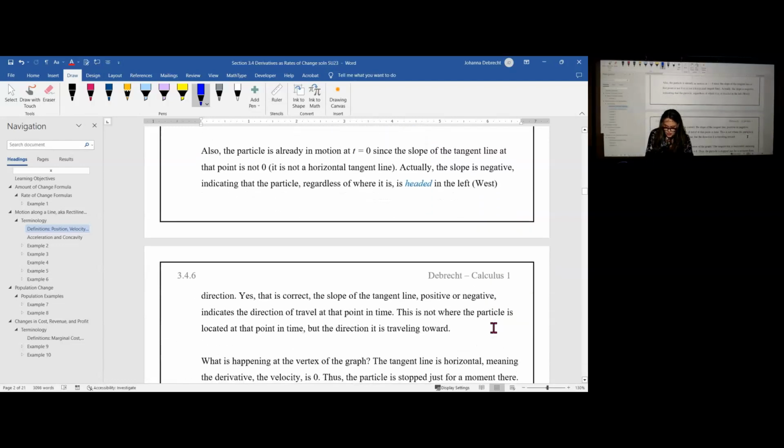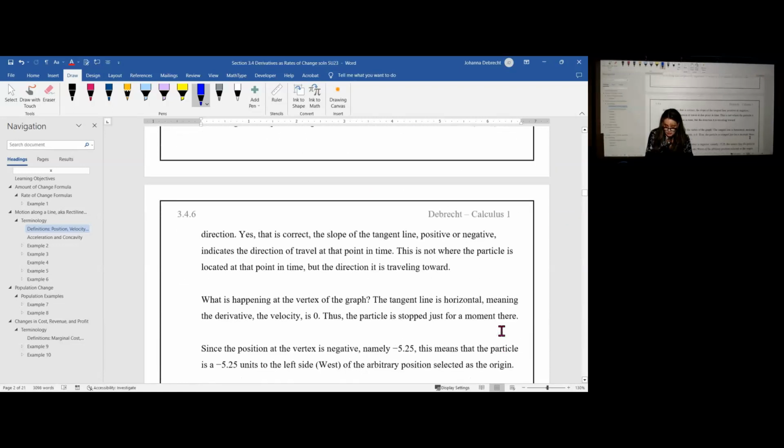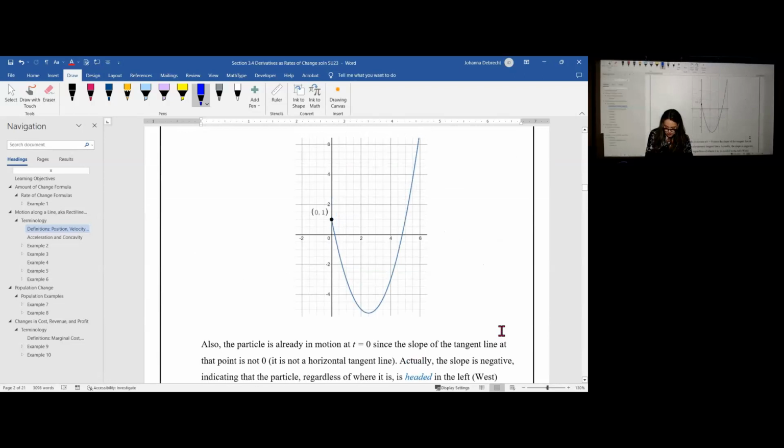Now, we also can predict that it's actually traveling, well, let me scroll back up to this one. It's actually traveling in the west direction. Now, how do I know it's headed to the left or west of Denver? The slope of the tangent line is negative.